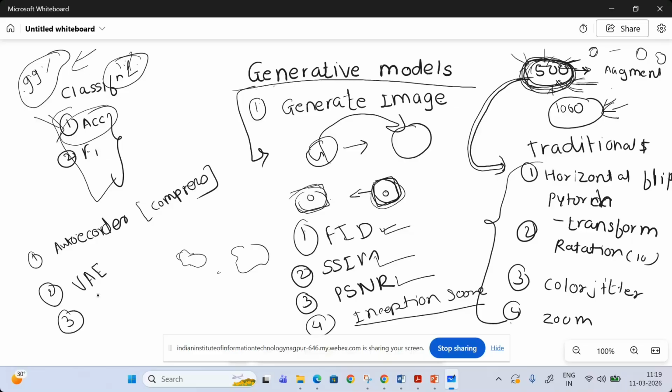Then GAN was developed in 2014 by Goodfellow, and recently people have come up with the most important state of the art technique, called the diffusion model. So these are all the generative models, I can say, for the image side.